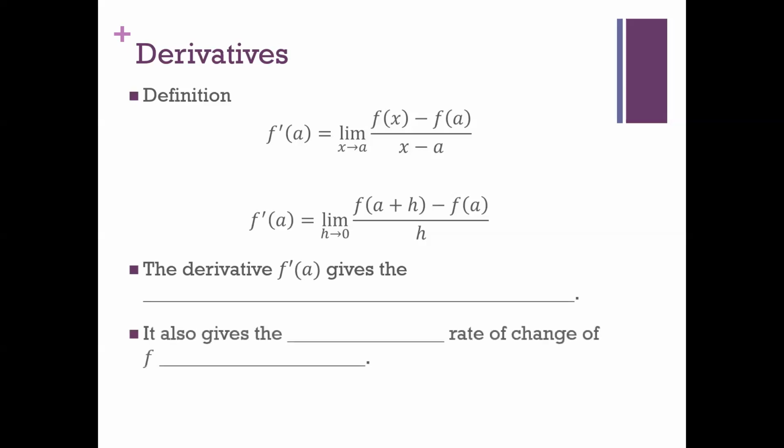So both are very common ways to calculate this. What does this thing do? The derivative, f prime of a, gives the slope of the tangent line at this point, a, f of a.